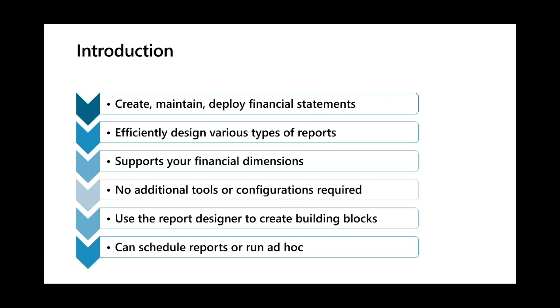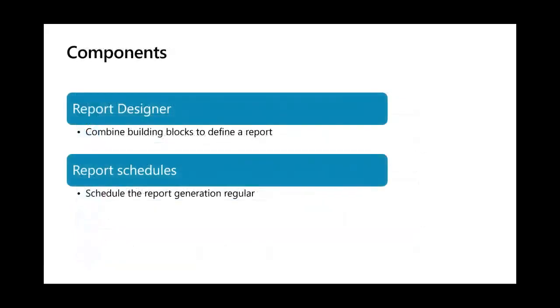All right, with that, I go double click on the components we have. Financial reporting has 2 components. The report designer, which helps you to combine building blocks to define a report, and the report schedules, which help you to automate the report generation.